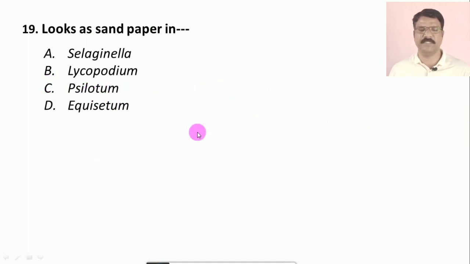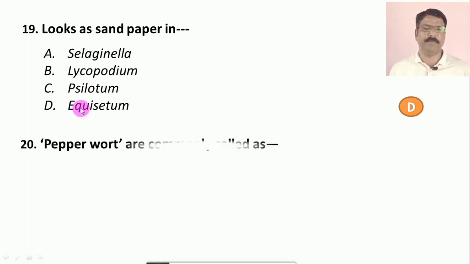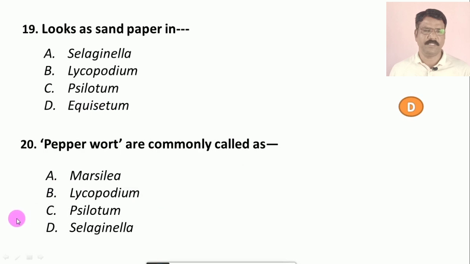The correct option is D, Equisetum is also considered sandpaper. Question number 20: pepperworts are commonly called as. Options are A. Marsilea, B. Lycopodium, C. Psilotum, D. Selaginella. The correct option is A, Marsilea. So this is all about the 20 multiple choice questions based on pteridophytes, diversity of cryptogams II, part 2.